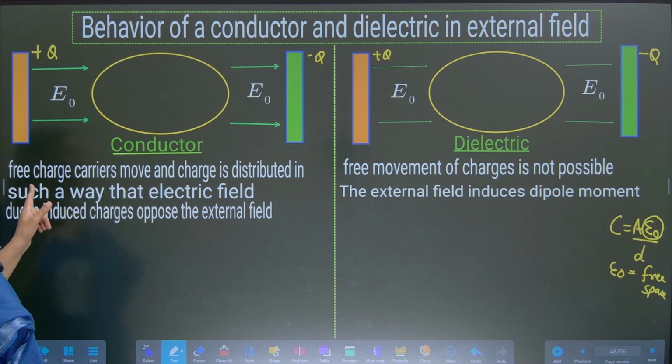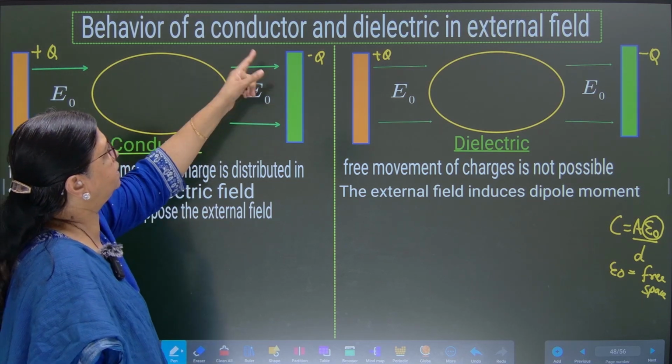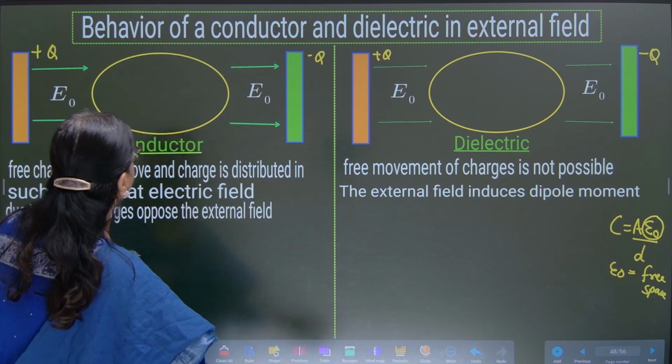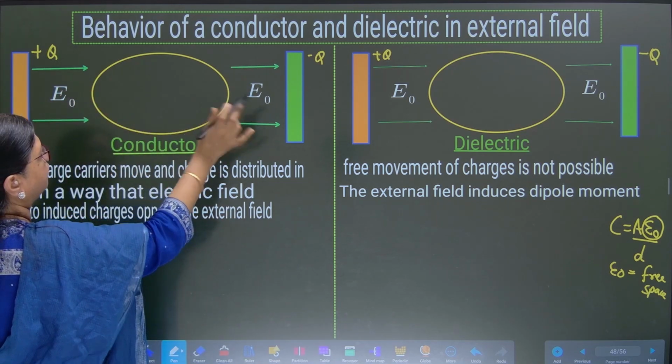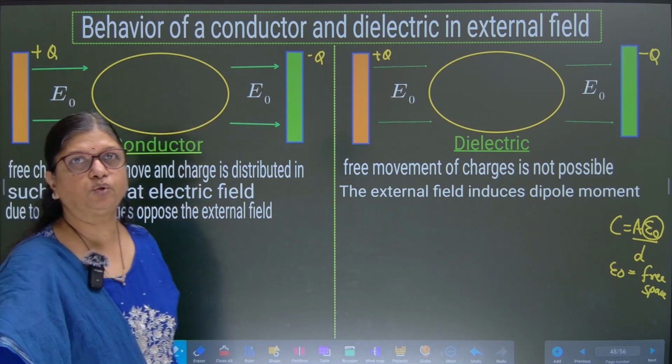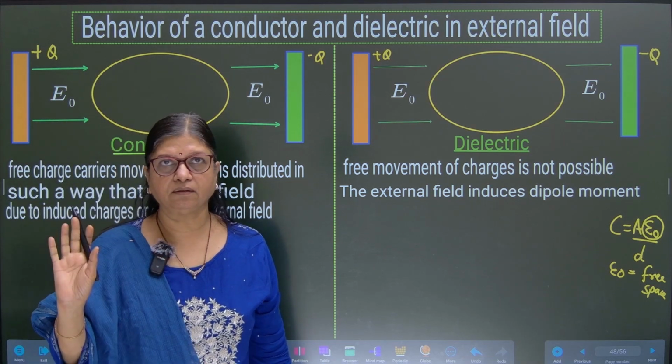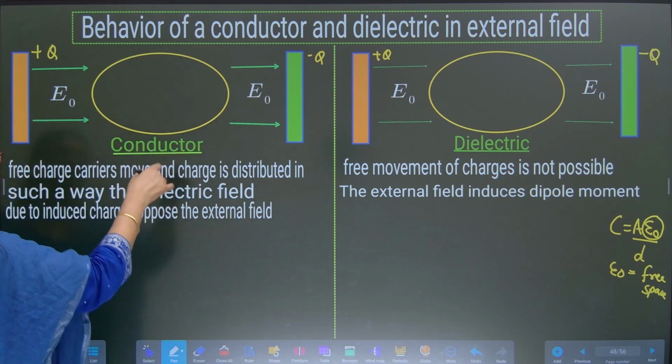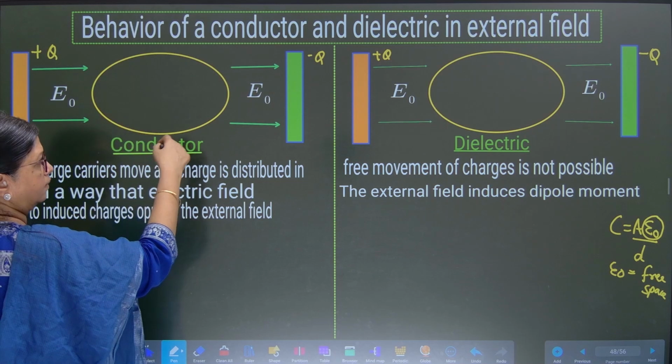One plate is positively charged, another plate is negatively charged. Definitely, there will be an electric field from the positively charged plate towards the negatively charged plate. Fine? Okay. Now, in between I have placed a conductor.